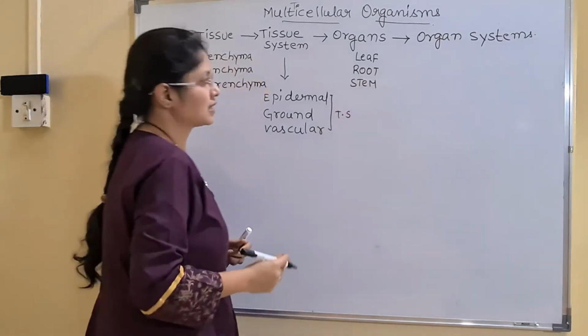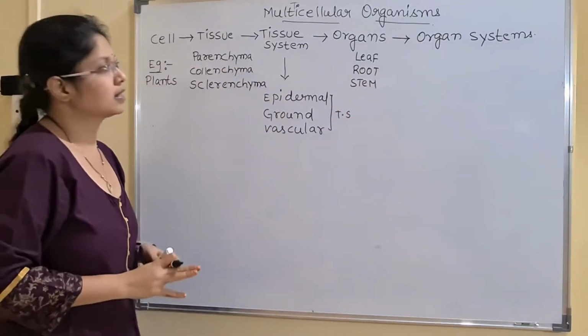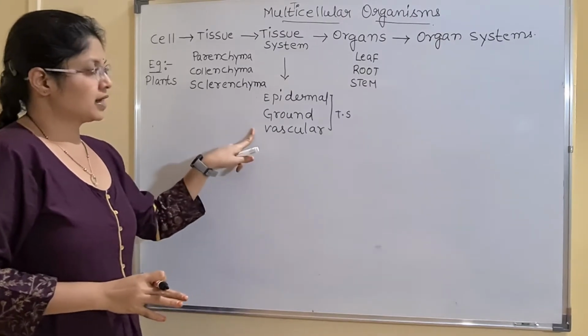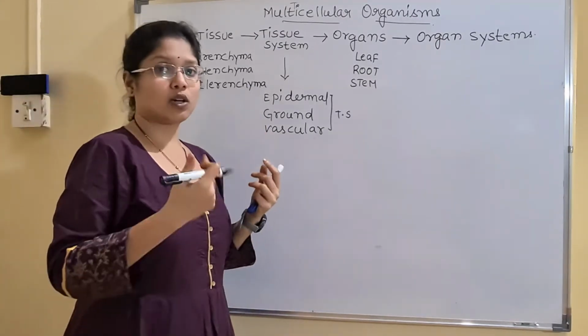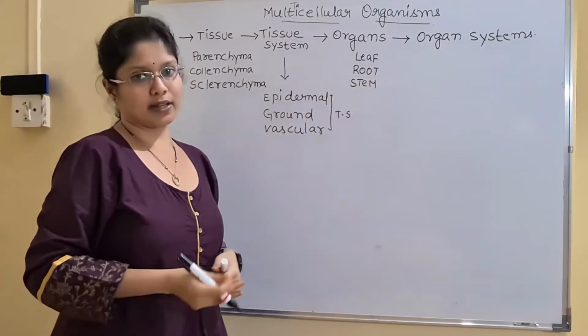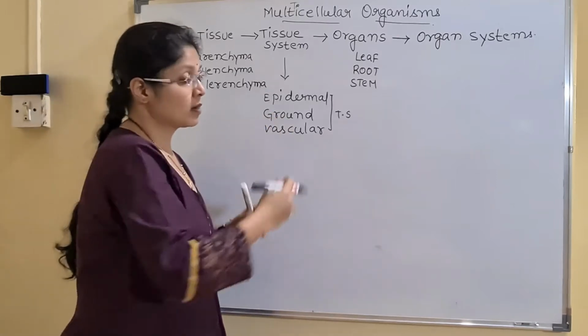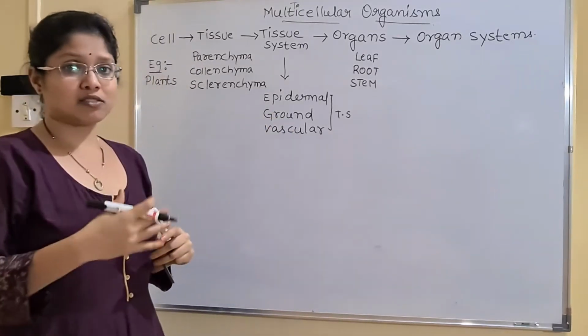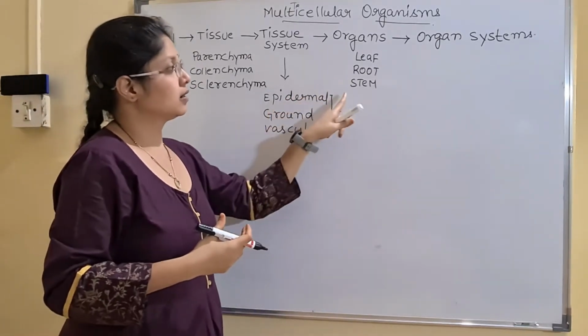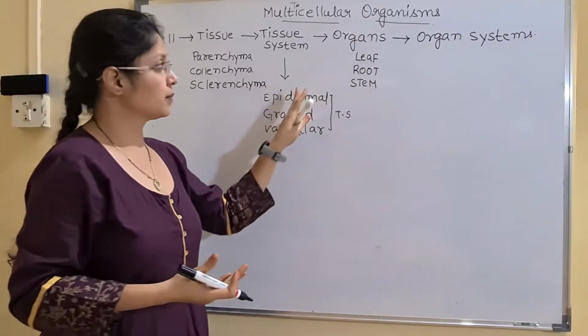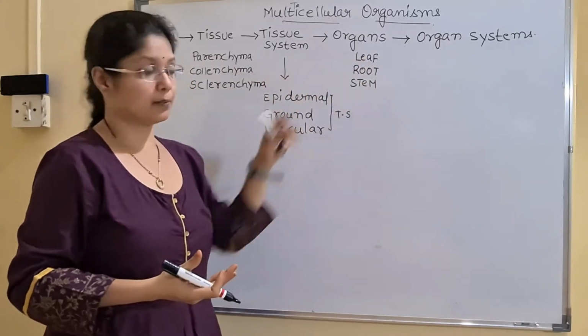All these are the main organs of the plant body. 1 or 2 or all the 3 systems can be present in each organ and they have a specific function. So if you observe, the modification or differentiation is being increased from each level.